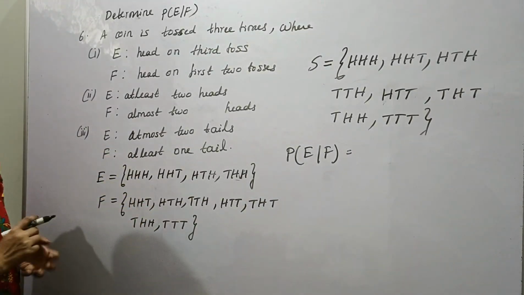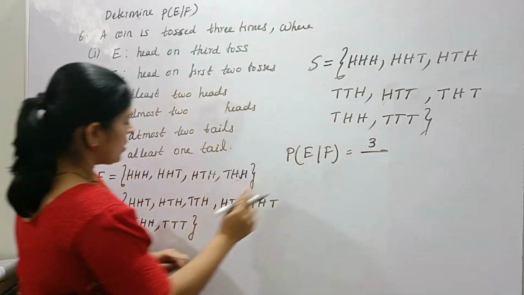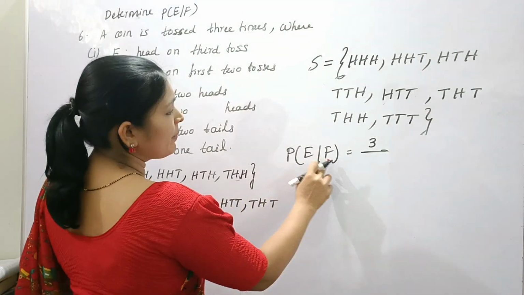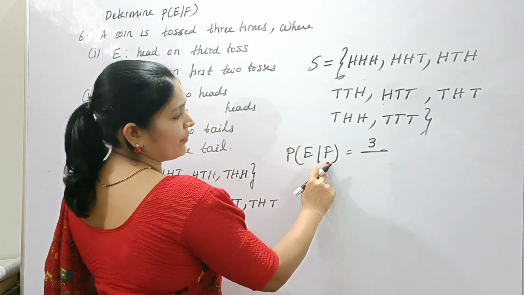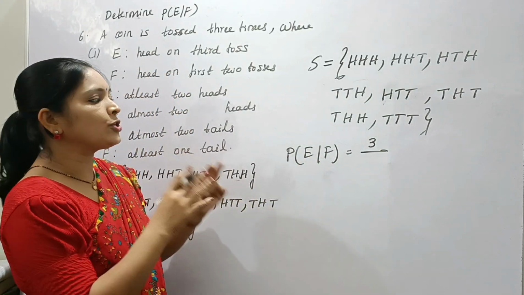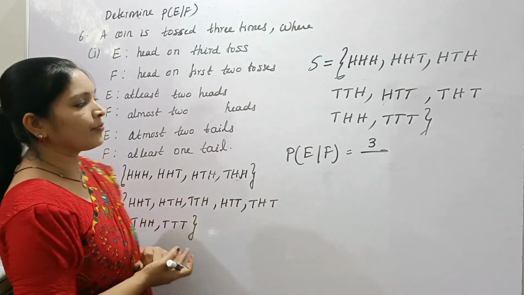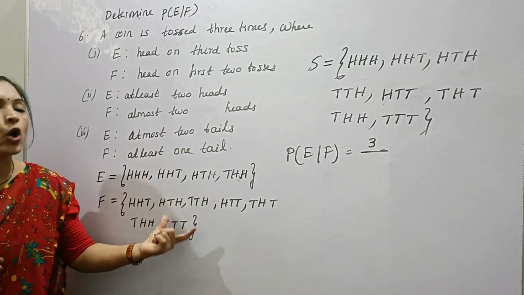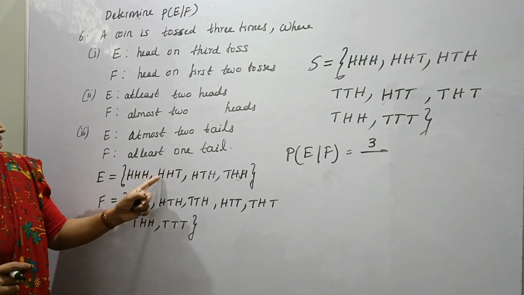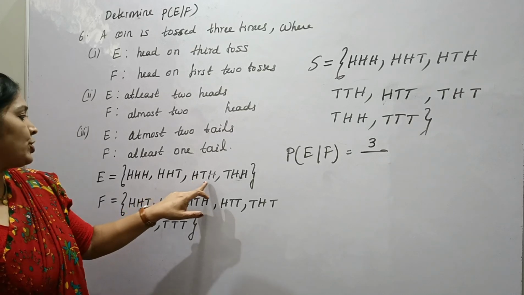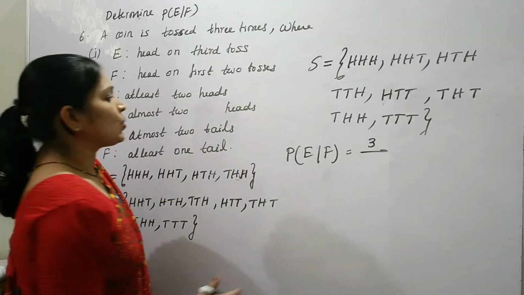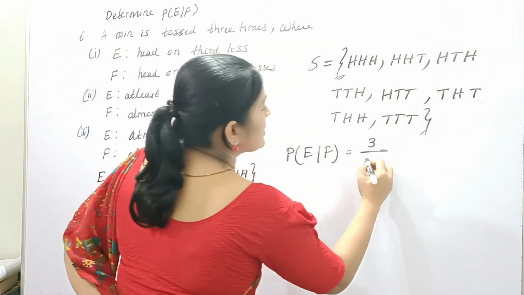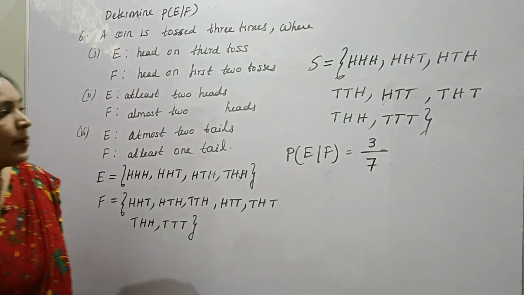So 3 elements, divided by the total number of elements in event F, because we have to find the probability of E given F. So there are 3 elements in common, HHT, HTH, THH, divided by 1, 2, 3, 4, 5, 6, 7. So 3 by 7.